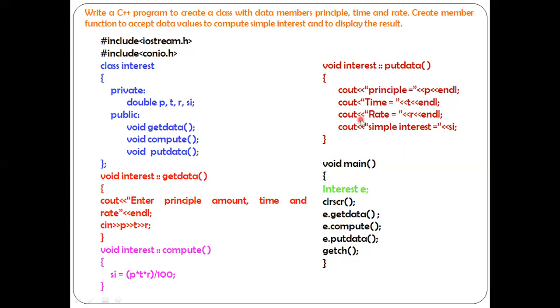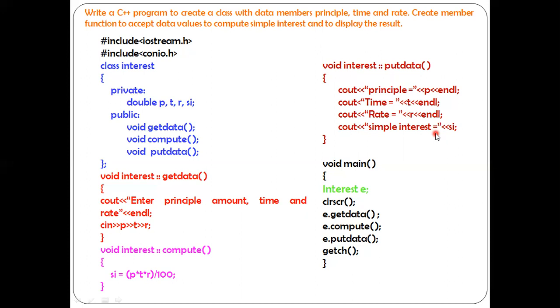Next comes cout stream insertion, within the double quotation "rate is equal to", which will print as it is, because whatever you write in double quotation will print as it is. Stream insertion, here R, so whatever the value of R is will be printed in front of this line, endl. Cout stream insertion, within the double quotation "simple interest is equal to", will print as it is.